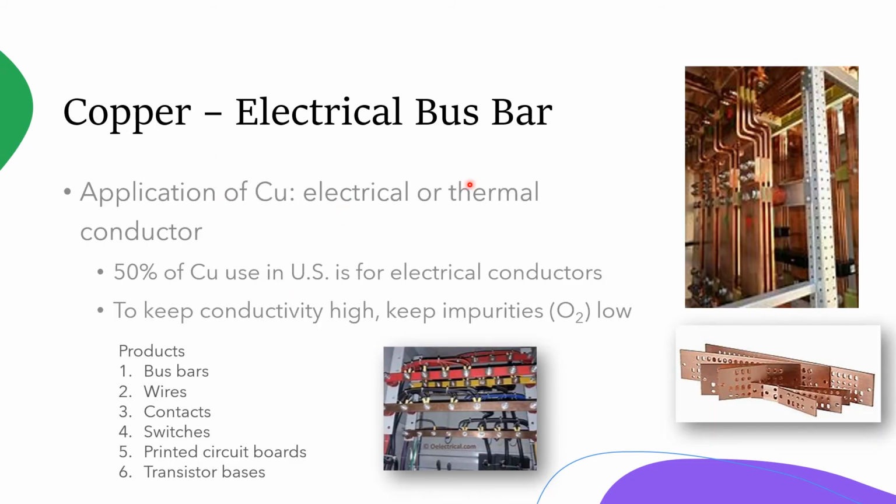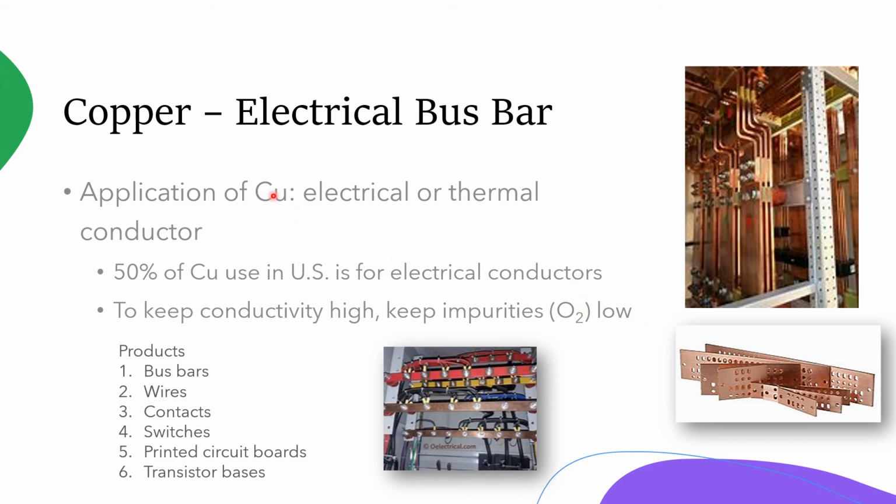So copper, where do we use it? We use it in busbars, electrical busbars, it looks like that. And they're pretty good conductors, like electrical or thermal conductors. So 50% of copper in the United States is used just for conducting electricity. In order for us to keep this conductivity high, we have to keep the impurities, oxygen, low in copper.